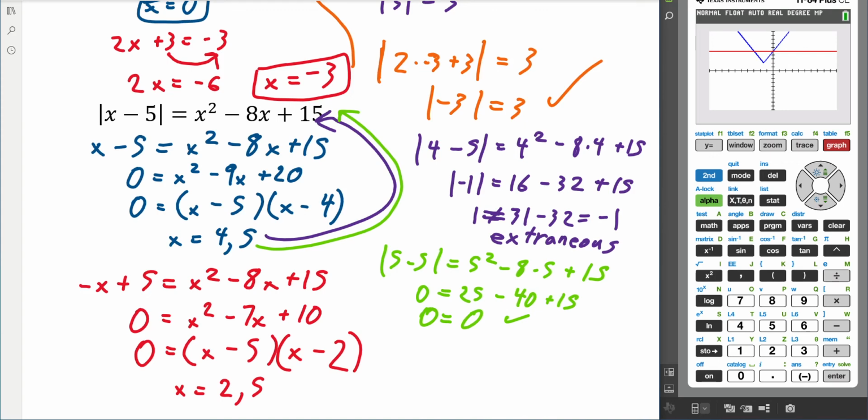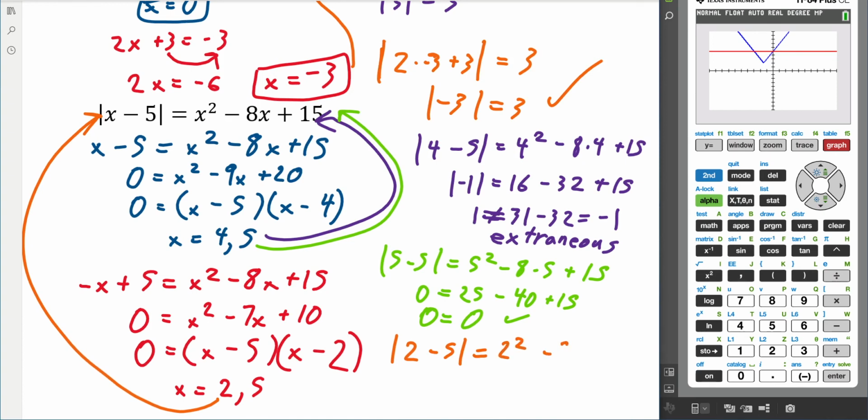And then last but not least, we're going to put in the 2 and see if that one's extraneous. It's a process, I get it. 2 minus 5 equals 2 squared minus 8 times 2 plus 15. Okay, this is negative 3.